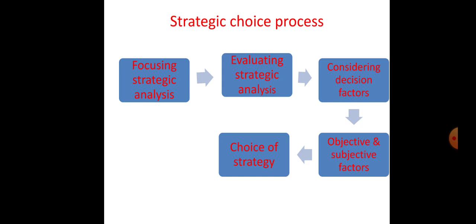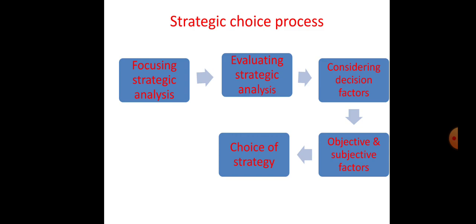Here we have the strategic choice process, that is evaluating a strategy which has been crafted. First we have to follow focusing the strategic analysis, then evaluating strategic analysis, then considering decision factors, then choice of the strategy, with objective and subjective factors.